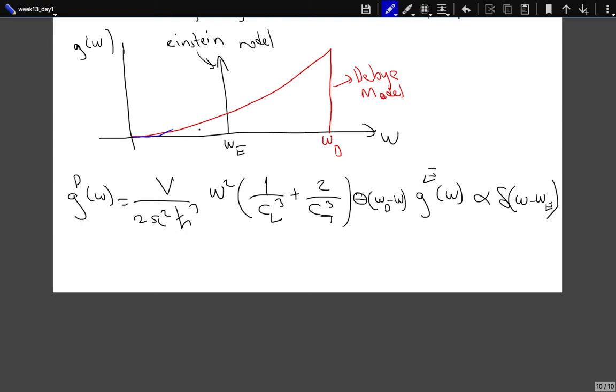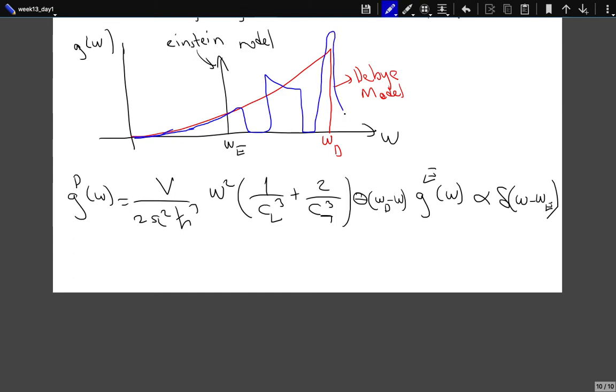But if the speeds are more or less fixed, at low frequencies, it looks like the Debye model. At larger frequencies, you start to see variation. At some frequencies, you might not have any oscillations. At some other frequencies, you might have larger oscillations, etc.